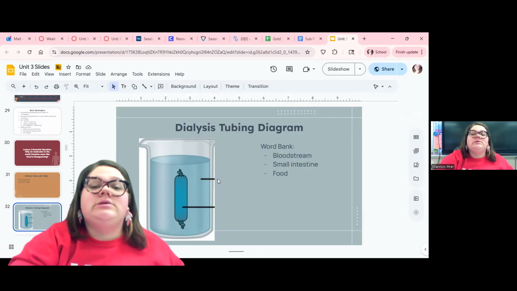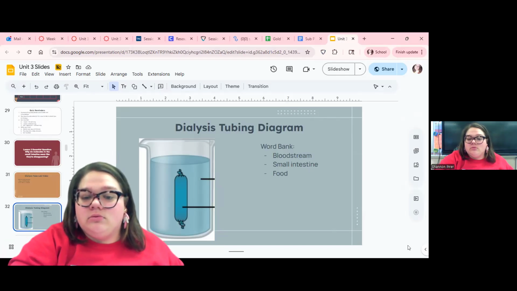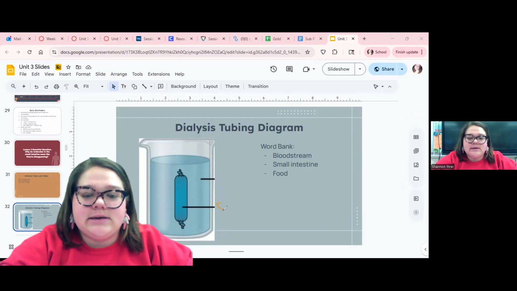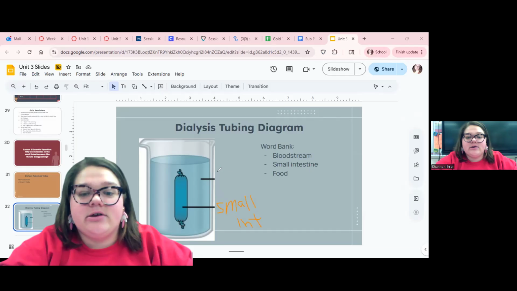So the dialysis tube is going right here. That is going to represent our small intestine. And then the water on the outside, that's going to represent our bloodstream.